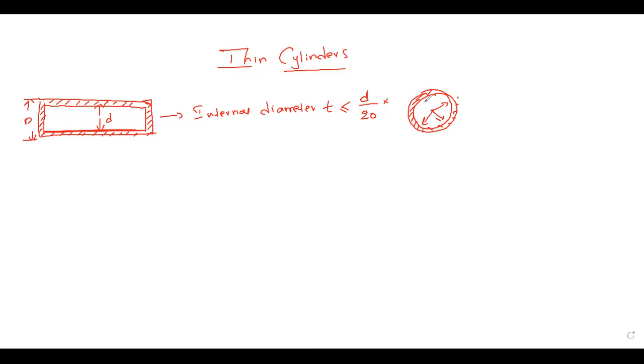What are those stresses? First one is the circumferential stress, which can also be called the hoop stress. What is that stress? PD by 2T.